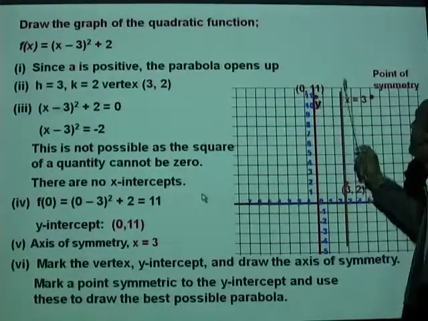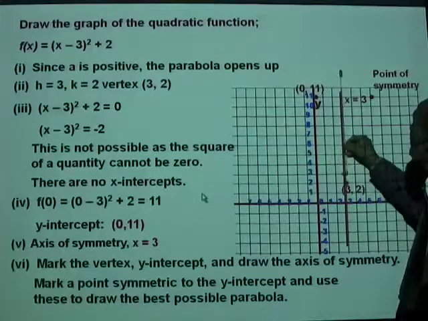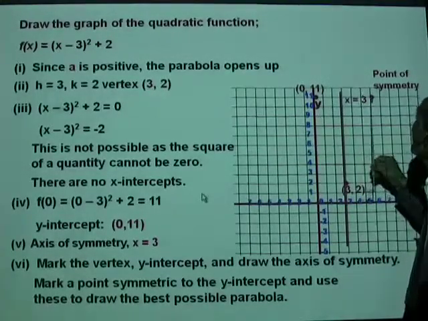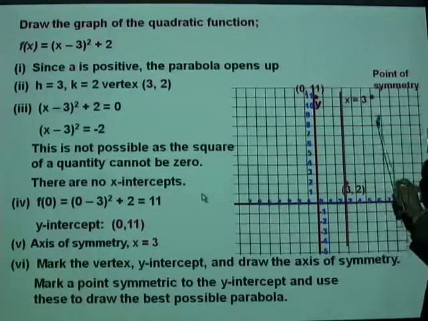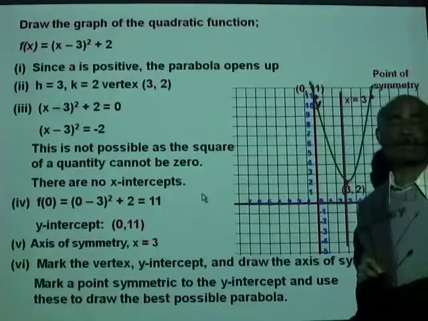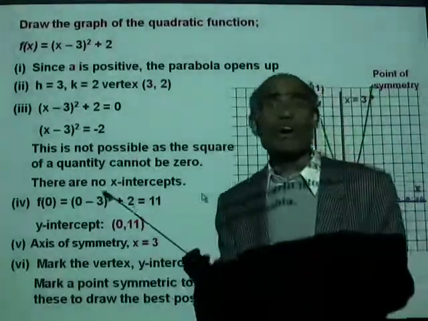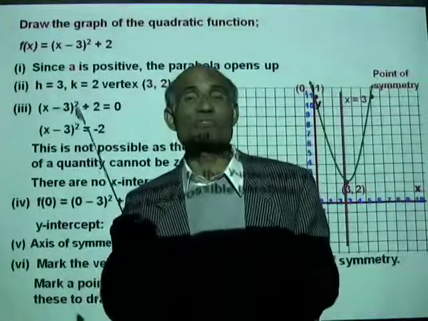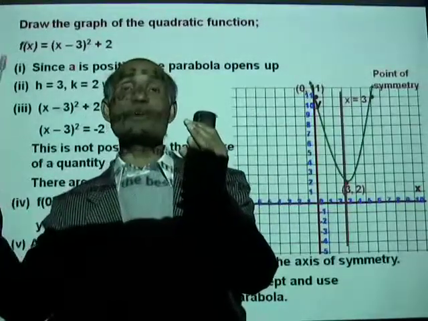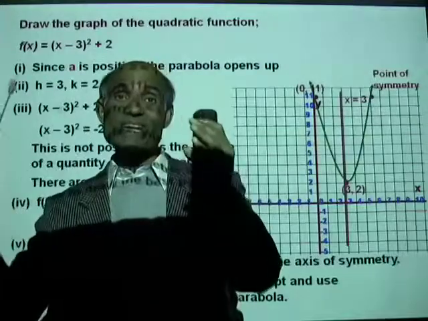That is, if you reflect that point about the line of symmetry, you get the point (6, 11). So once you have the point of symmetry, you can draw your parabola. And that is the advantage of drawing the axis of symmetry. If you have one point on the left, there will be a corresponding point on the right, exactly equidistant.